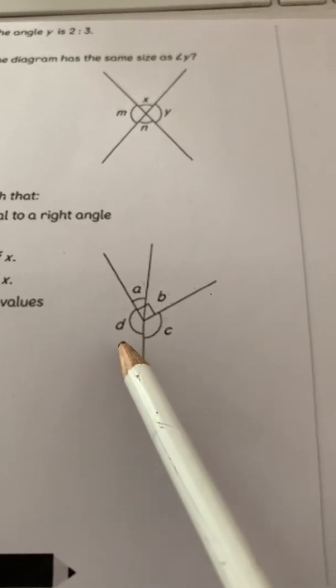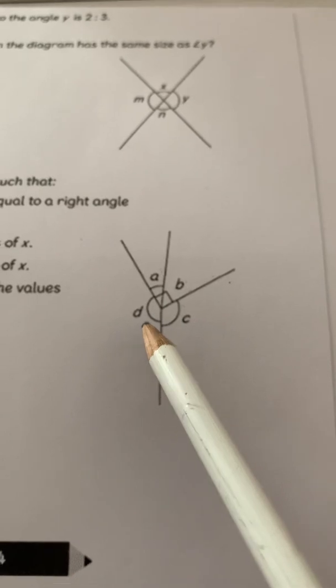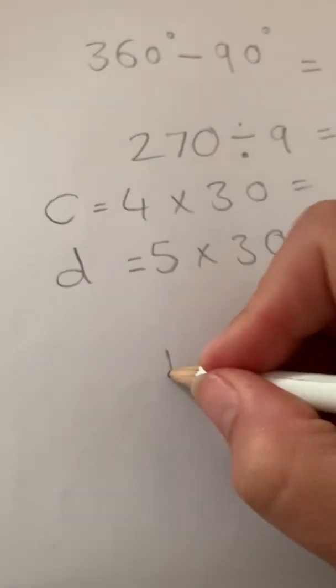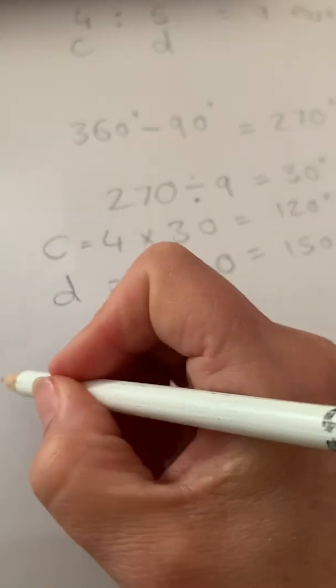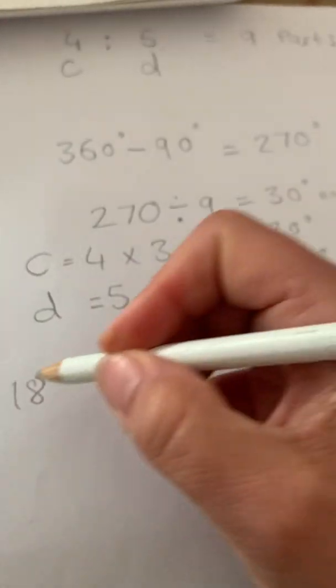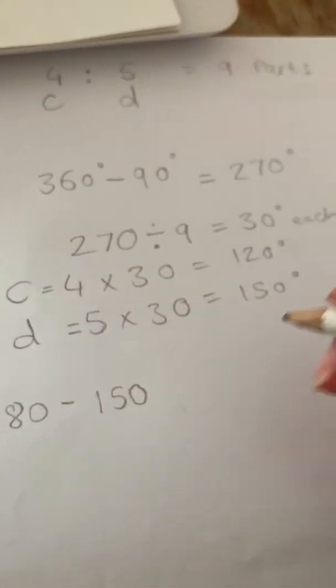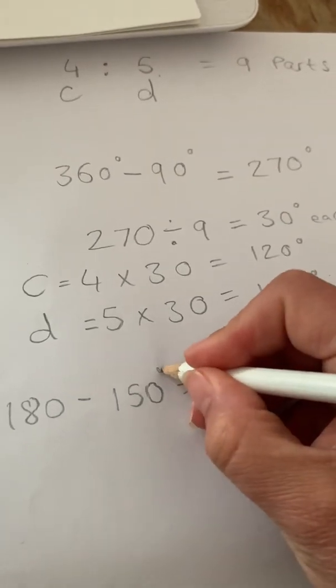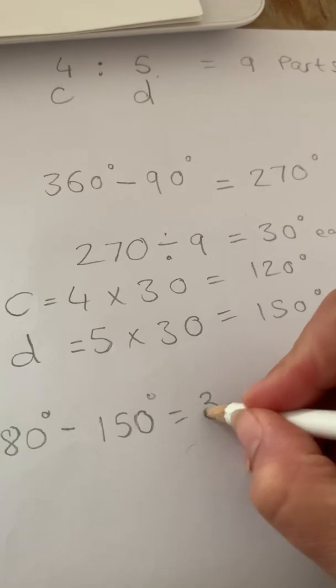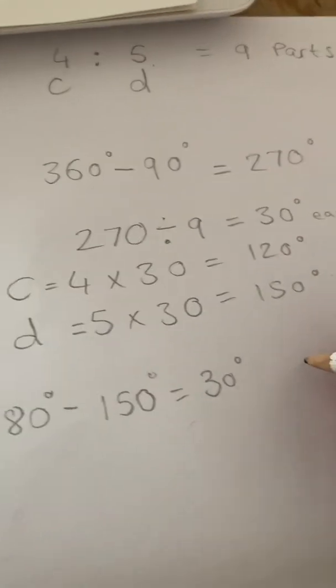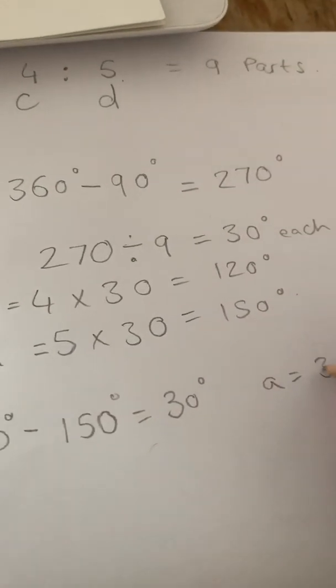So if we know that D is 150, that therefore means that we could take that away from 180, and that will leave us with, so I'll just put my degree signs in there, that will leave me with 30 degrees. So I know that angle A equals 30 degrees.